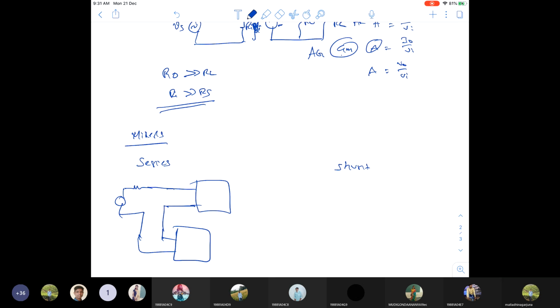RS is in series, and shunt is nothing but a parallel resistance, and this is the basic amplifier, and this is feedback. Oh, sorry, that is a shunt mixer.